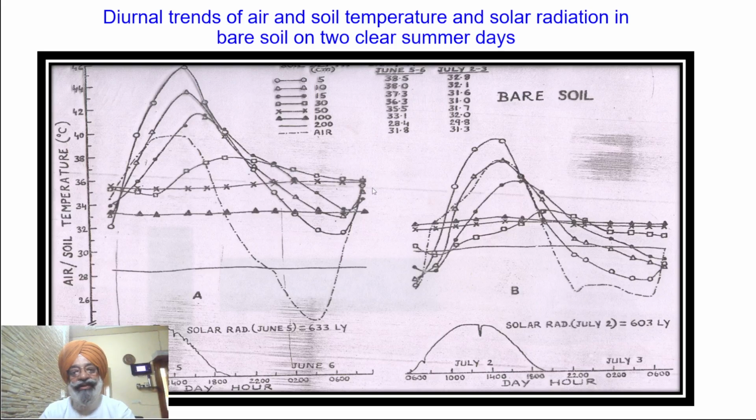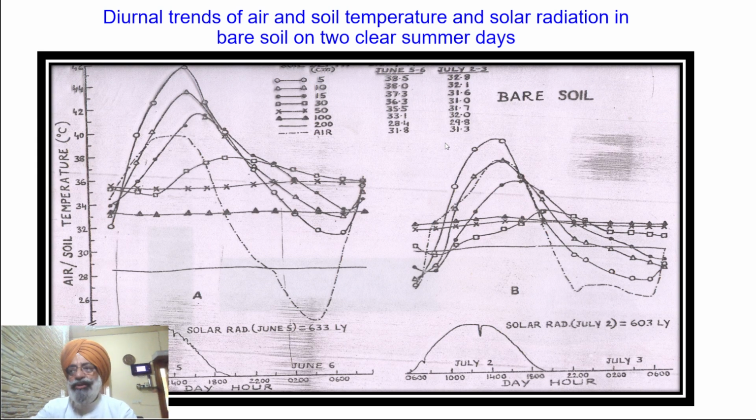Soil temperature at different depths, at least in the 50 centimeter zone, was generally lower by 4 to 6 degrees centigrade as compared to June 5th and 6th, whereas at 200 centimeter, the soil temperature was higher by 1.4 degrees centigrade.